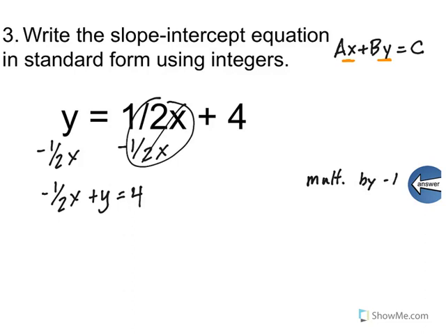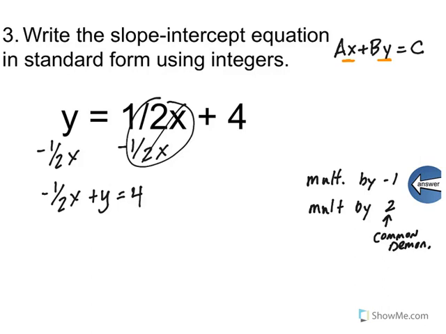And because there's a fraction here, we would need to multiply also by the common denominator, which in this case would be 2. Because I need to multiply by both of those, I could do them separately. I could multiply by -1 first, and then multiply by 2. But I could also multiply them simultaneously at the same time.